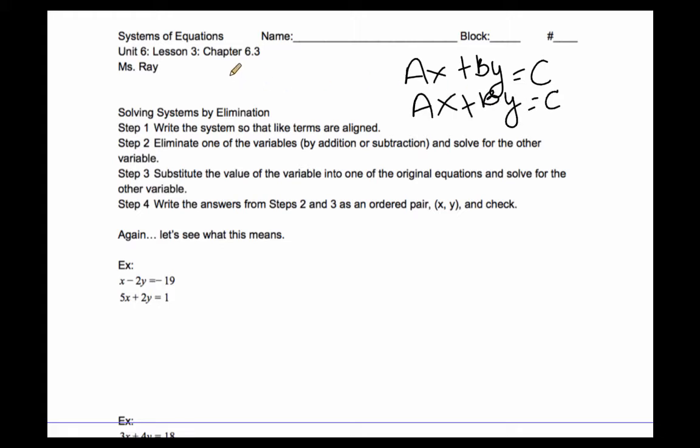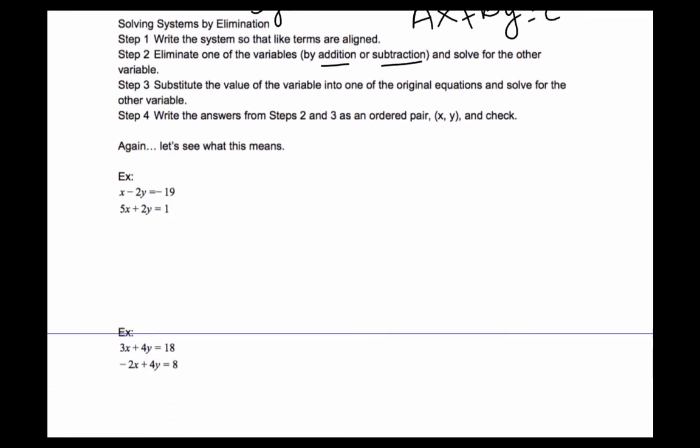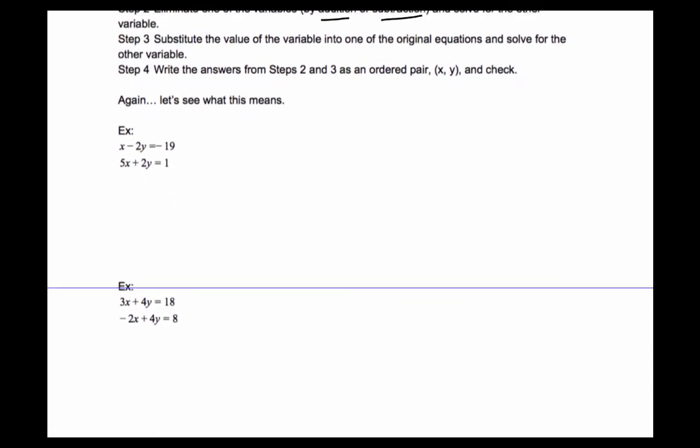Or maybe I have, for instance, 3y minus 2x equals 6. Then my other equation should have the y, then the x, and then the constant. So they need to be lined up. We're going to use addition or subtraction to eliminate a variable. Let's get into this, and you can go back and read the steps later.